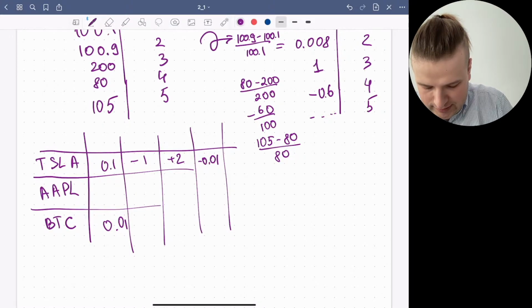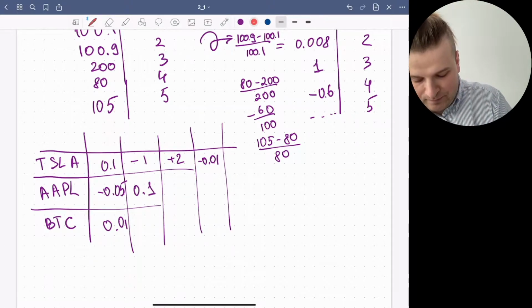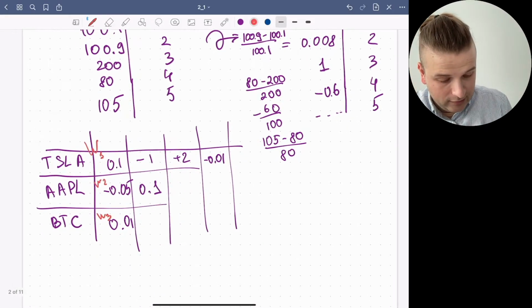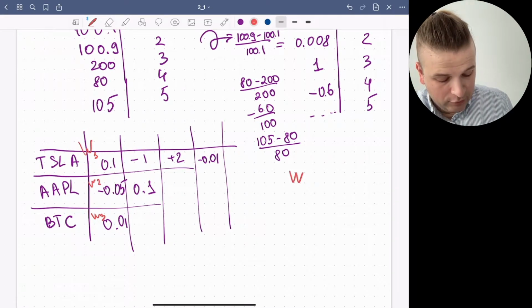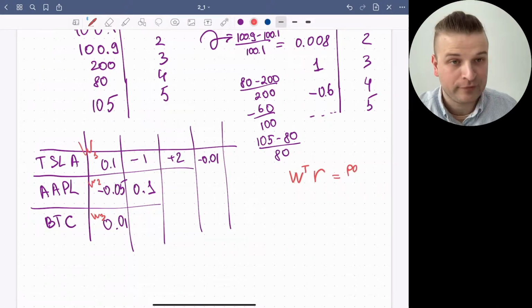Let's say here is minus this, and here's plus this, and etc. So if you will just multiply each this fractional return by your portfolio weights, you'll get this W transpose R, which is your portfolio return at this day.